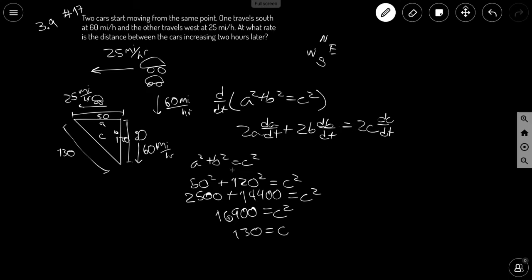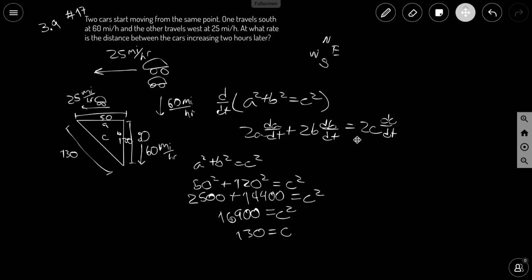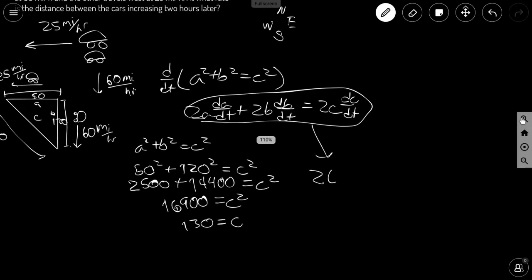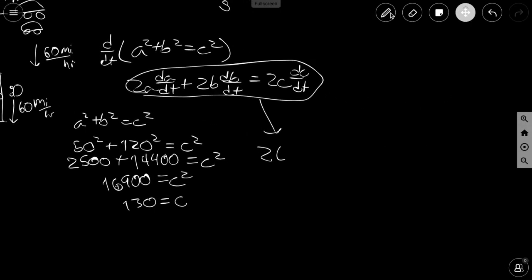To do so, we can just plug everything in, since we have all of our values. So I'm going to be using this right here. The value that we found for a was 50.